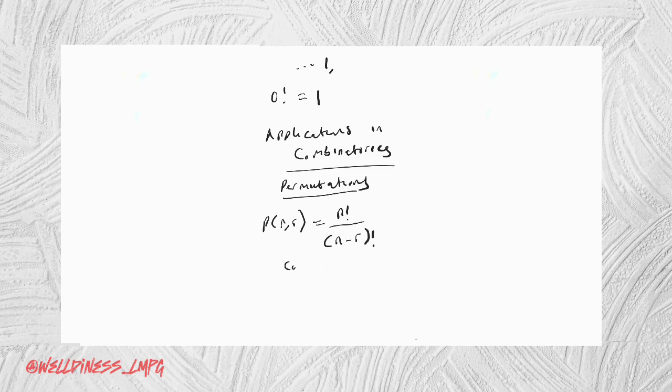When it comes to combinations, we are looking for the number of ways to choose R objects from N objects. And the formula for finding that is capital letter C N R, which will give you N factorial divided by R factorial multiplied by N minus R factorial.